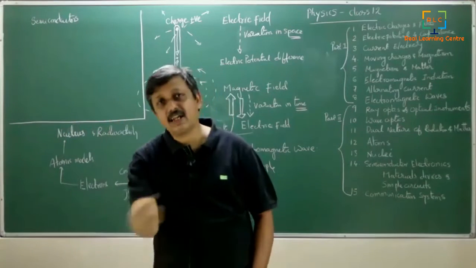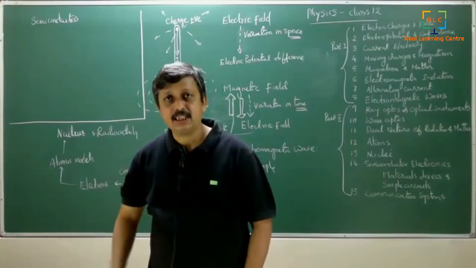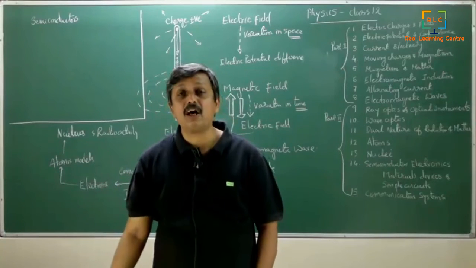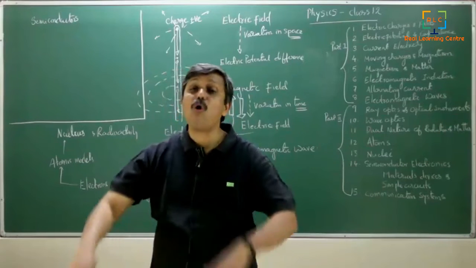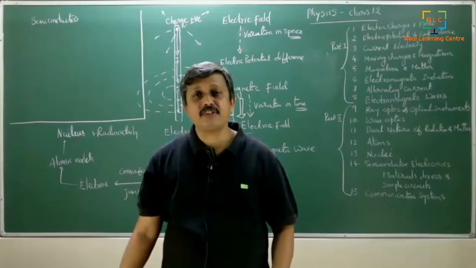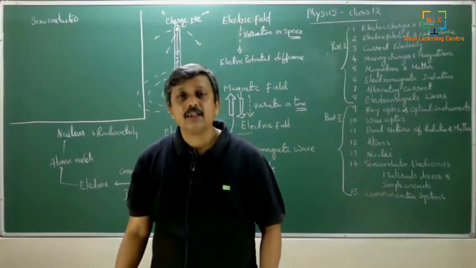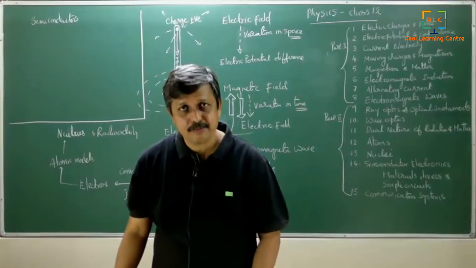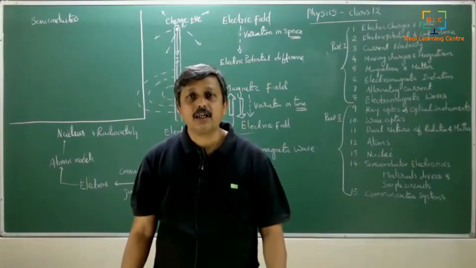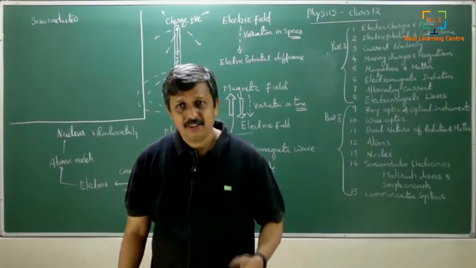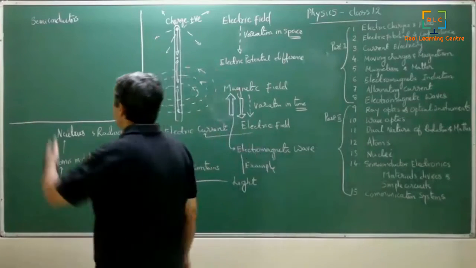They are neither conductors nor insulators. They are in between, like germanium and silicon, which we call semiconductors. The whole of this new age electronics that is built, including the computers, is built using electronics, and that electronics is due to semiconductors.